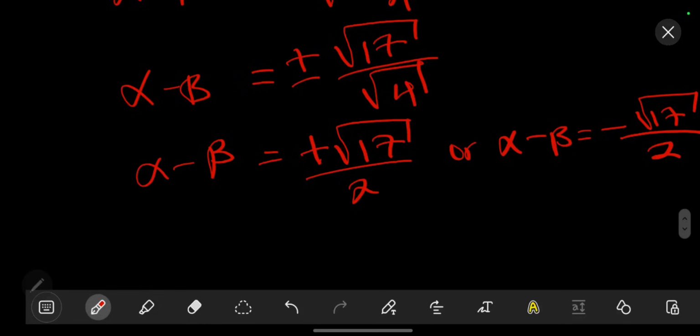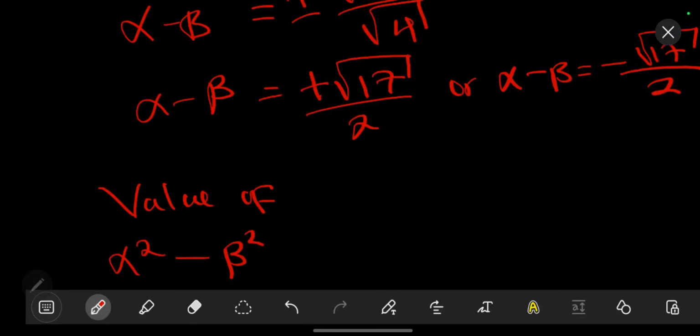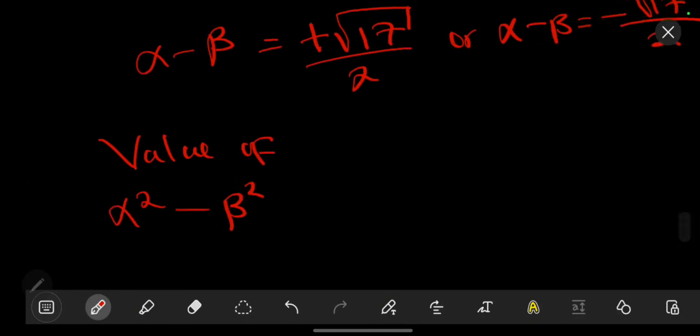Then let's look at our next question. Let's say we have the value of alpha squared minus beta squared.